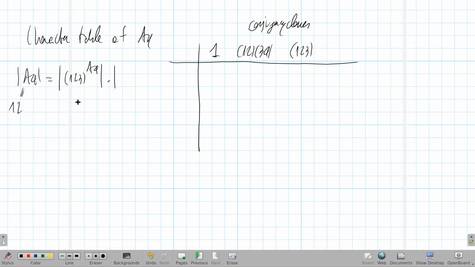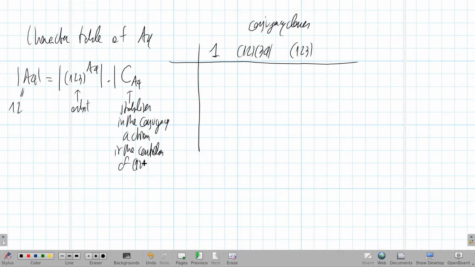And recall, so this orbit, and here's the stabilizer, and the stabilizer in the conjugacy action, okay, so this is the centralizer of (1 2 3), okay?